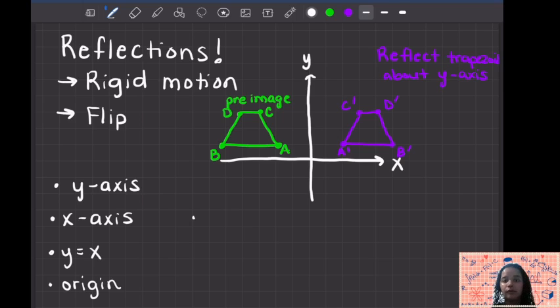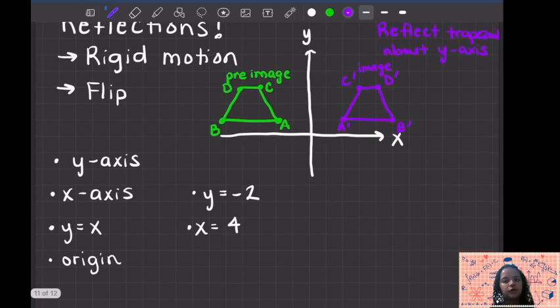But again, you can reflect over any line whatsoever. So if I wanted to, I can even reflect over the line y equals -2, or I can reflect over the line x equals 4, okay? So if you have that kind of reflection, one thing I would suggest is draw the line out, because it makes it so much easier to actually figure out where your image should be after you do that reflection.